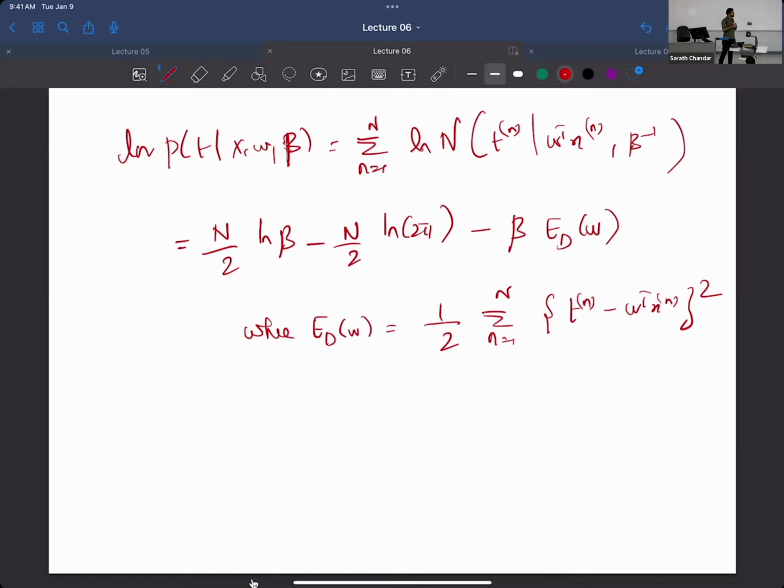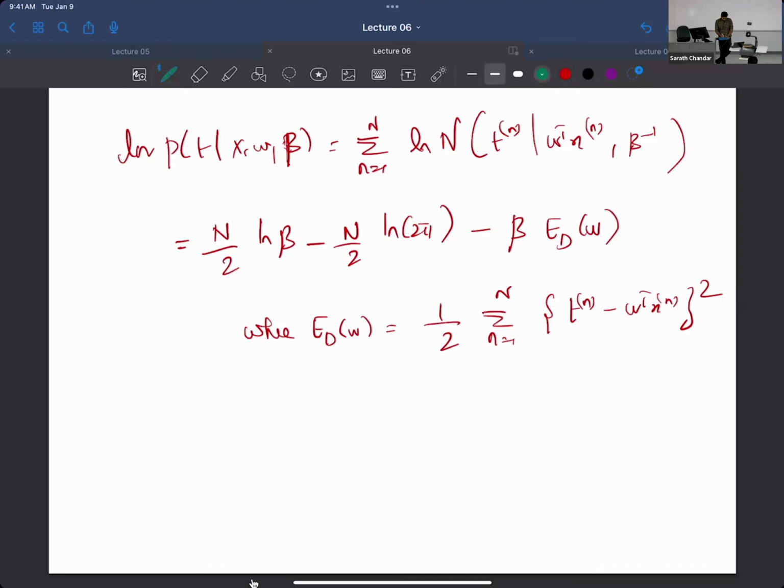So this means that when you make the Gaussian noise assumption for regression, then maximizing log likelihood is the same as minimizing least squares.